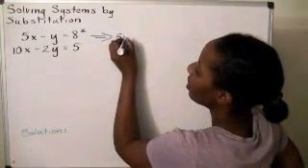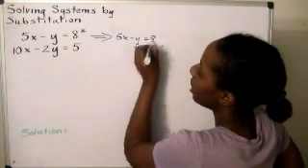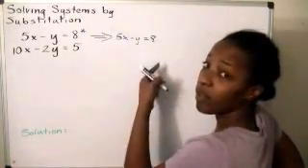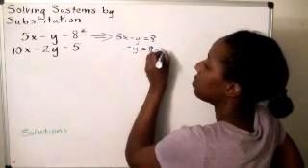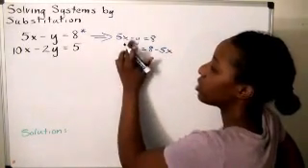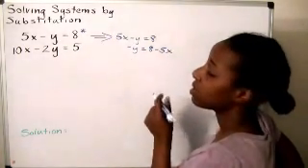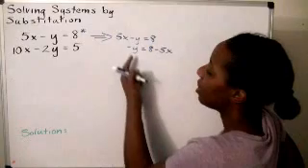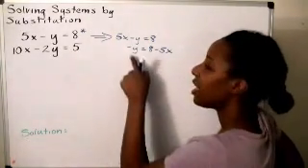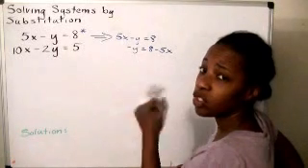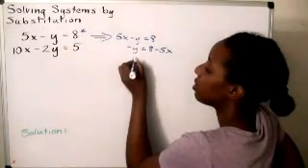So that's 5x minus y equals 8. I'm going to subtract 5x to the other side. Don't forget to bring down that negative y. Some students forget to do that. And then I can't have a negative y equals, so that means I have to divide every term by negative 1 to change them all to positives.